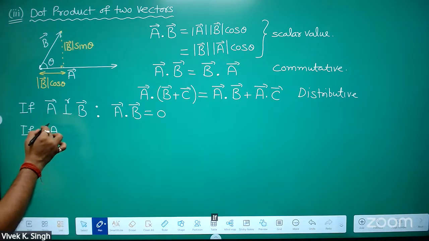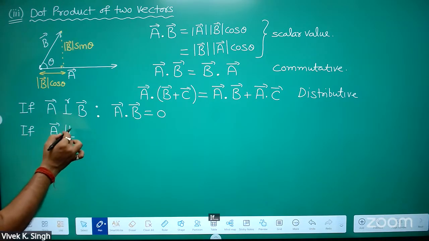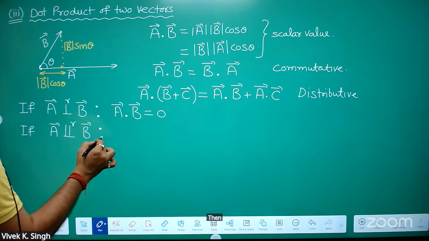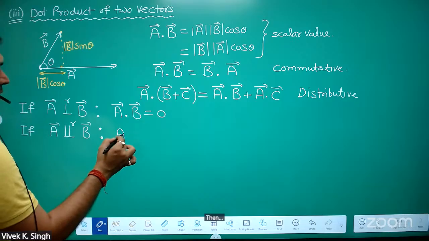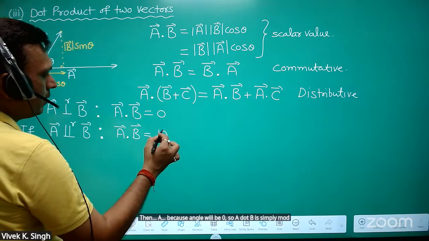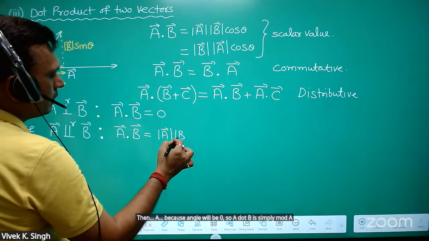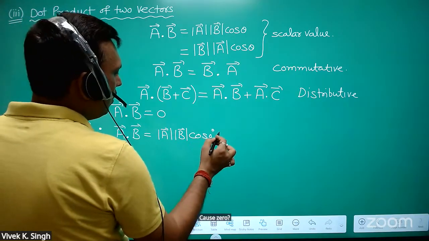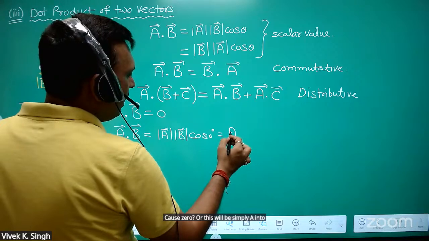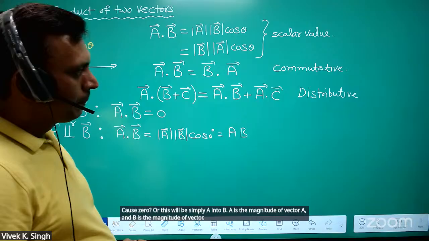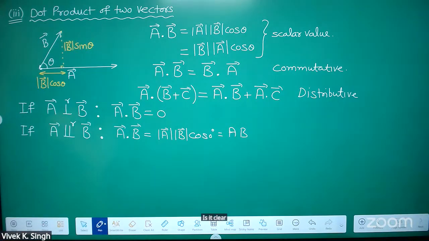If A is parallel to B, then because the angle will be 0, A dot B is simply mod A into mod B cos 0, or this will be simply A into B. A is the magnitude of vector A and B is the magnitude of vector B. Is it clear? Yes, sir.